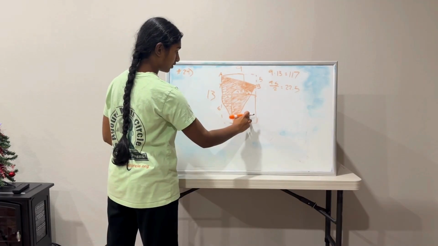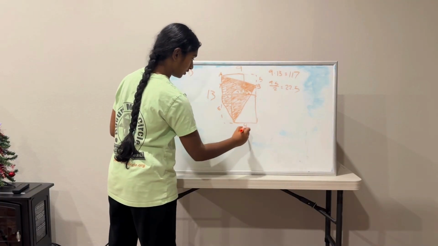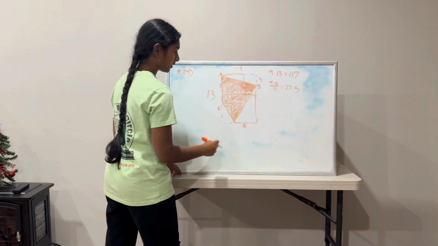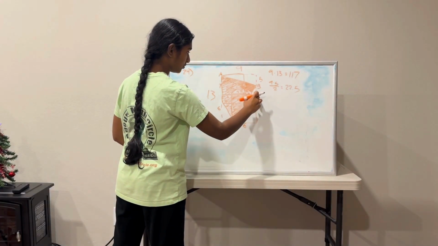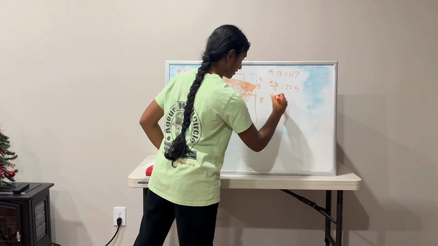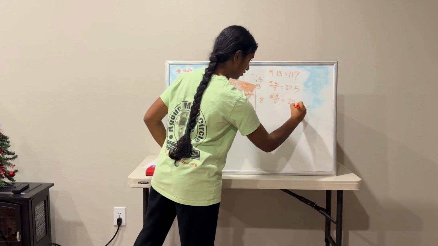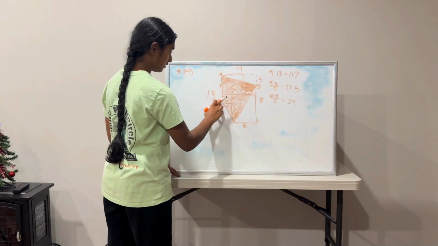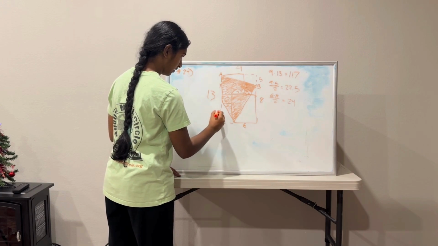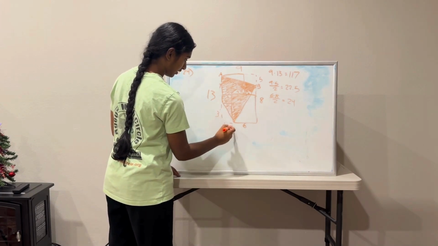Now this triangle over here, we know this is 4. Oh, 4 plus 2, so that's actually 6. And then this is 2 plus 6, so 8. So we have 6 times 8 over 2, which is 24. And then this, we know this is 6 minus 3, so 3 and 3.